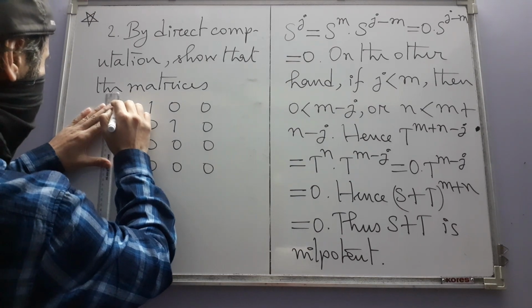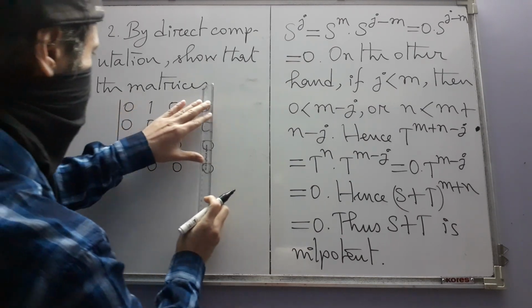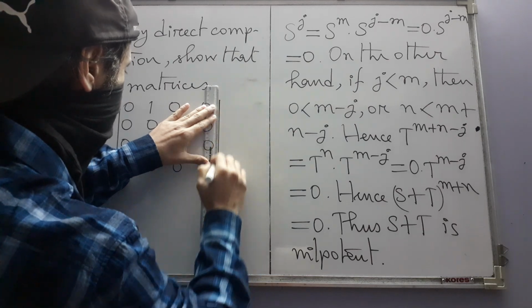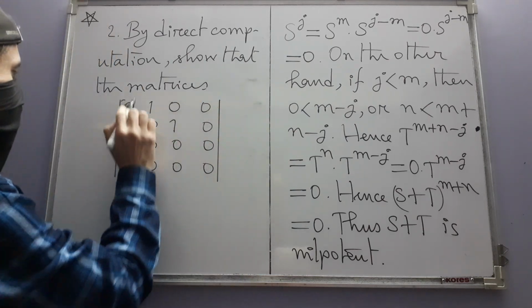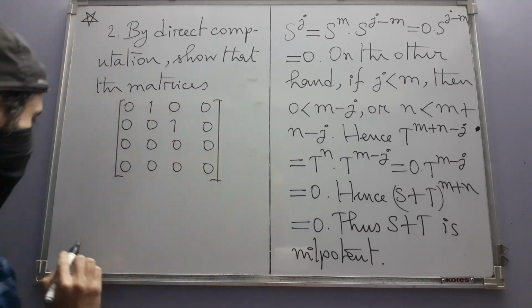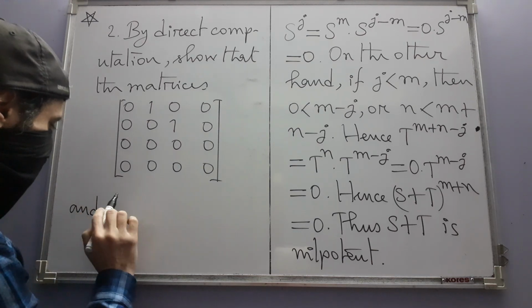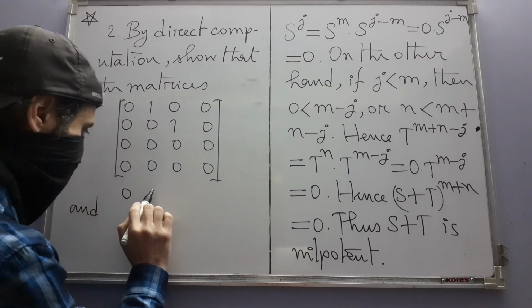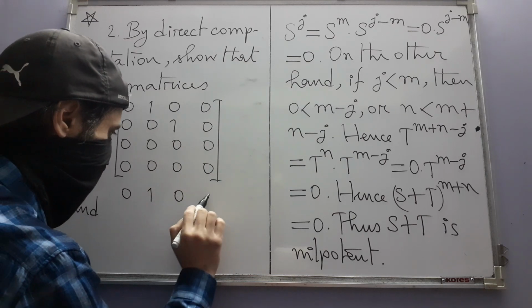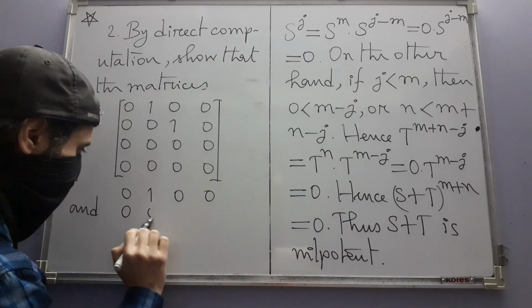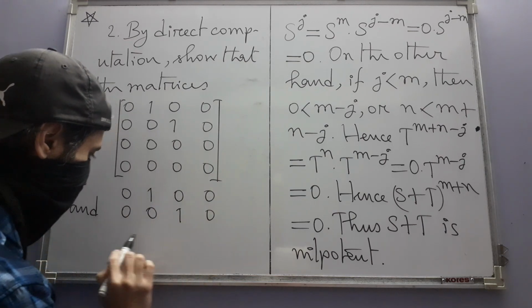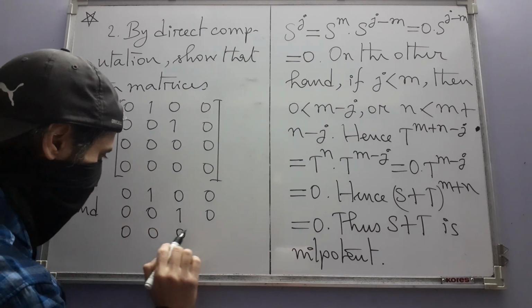Okay, so this is one matrix, and the other matrix is just like that, but there is a difference. 0, 0, 0, 1.